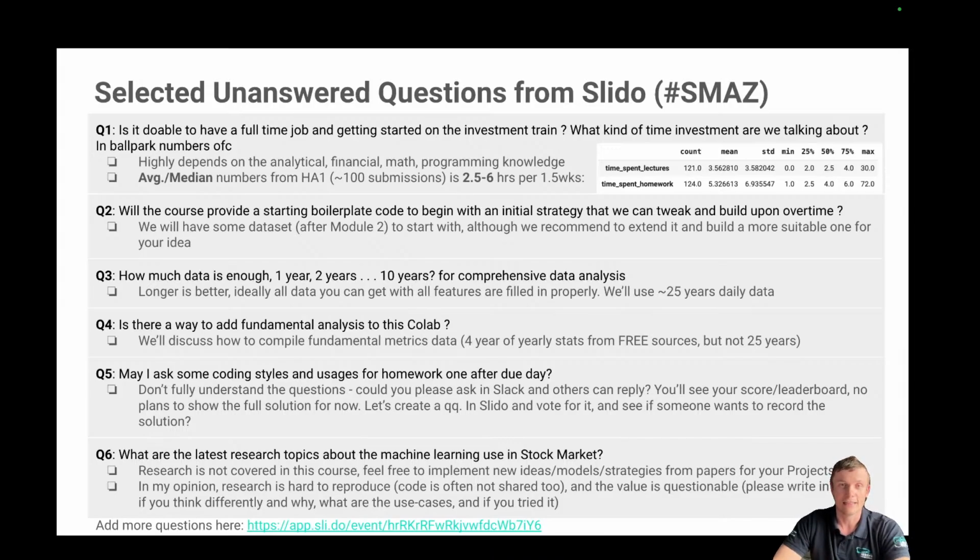And as you can see here from my brief analysis of your homework submissions, the average time that people spend on lectures is between 2 and 4 hours, and sometimes there were cases of spending 30 hours just on lectures.